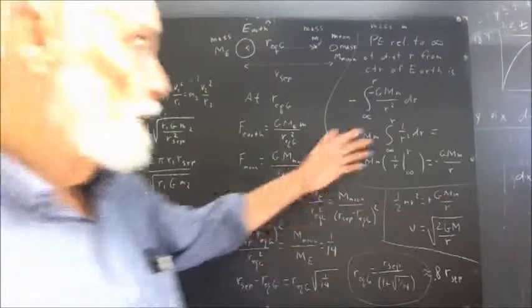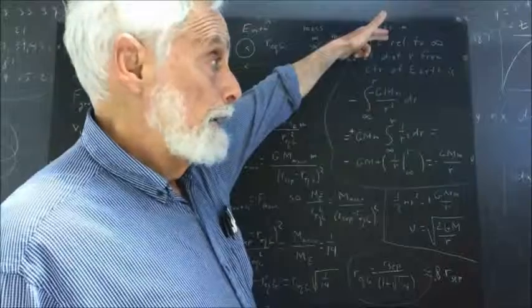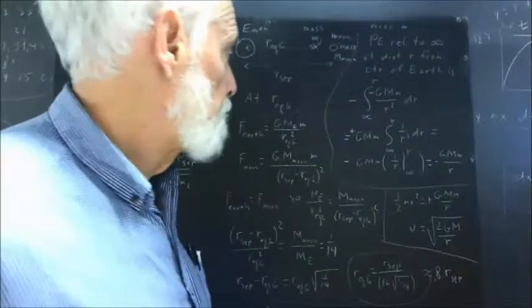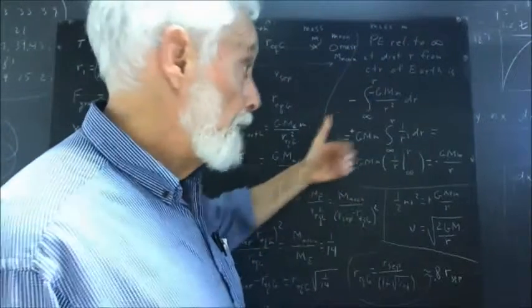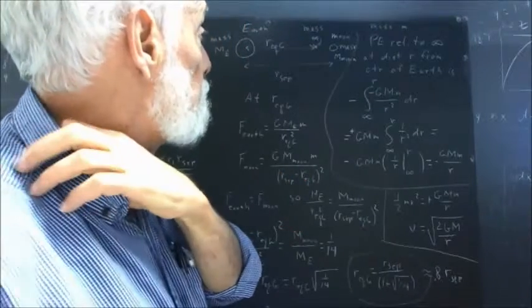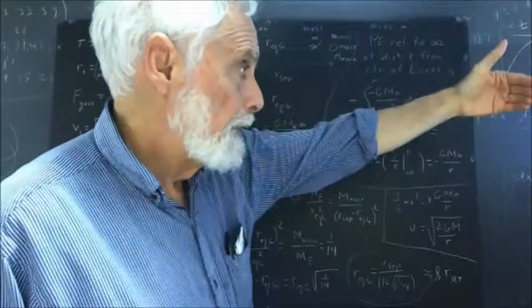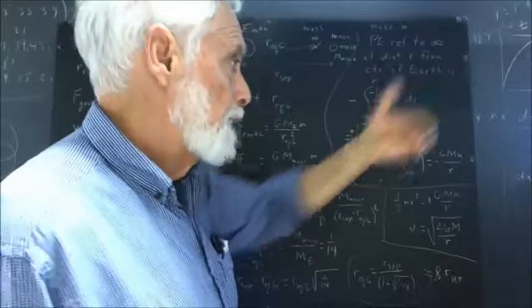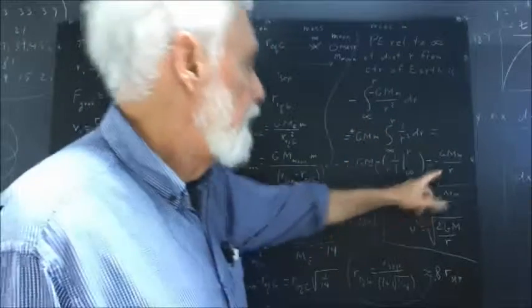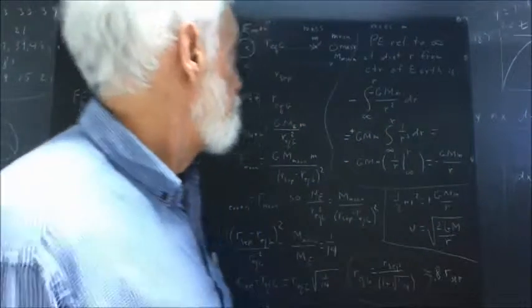Now that's the potential energy relative to infinity, meaning that it's the loss of potential energy, or the change in potential energy from infinite distance to distance r. So as we fall closer to Earth, we have a negative change in potential energy.